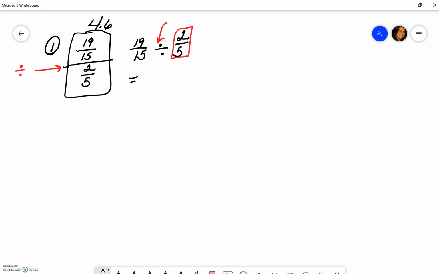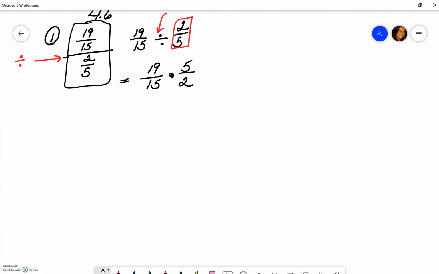So if I write out 19 over 15 multiplied by 5 over 2, now we can apply our multiplication rule, and that is to, as I mentioned, just go ahead and write it out as one fraction. So it's 19 times 5 all over 15 times 2.